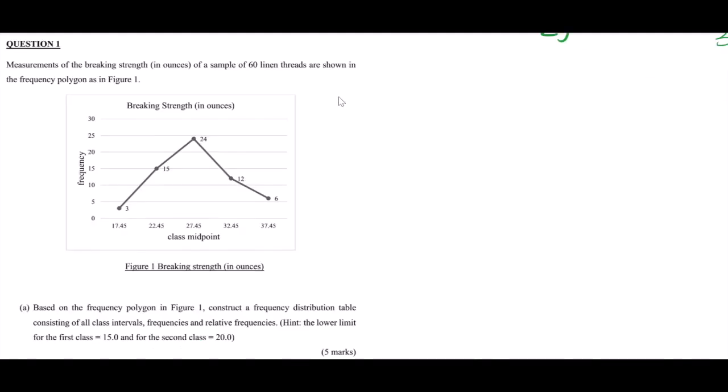Okay, so in this question, you are given a polygon, a frequency polygon, with the frequencies written at each point. And if we still remember, your frequency polygon, your x-axis is always the class midpoint. Okay, so in this question, the measurements of the breaking strength in ounces of a sample of 60 linen threads.